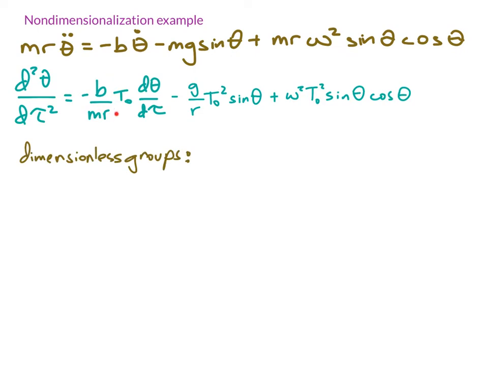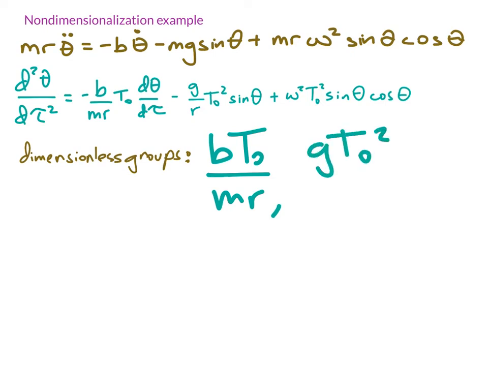By dimensionless group, I mean a group of parameters or constants that when put together has no dimension, but where each of the individual contributing parameters actually does have a dimension. I'm seeing three different dimensionless groups: b t0 over mr, g t0 squared over r, and omega squared t0 squared.